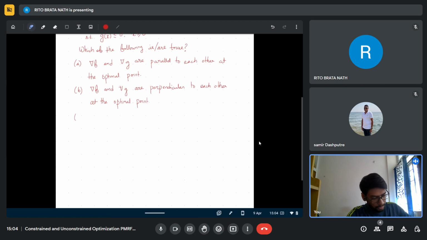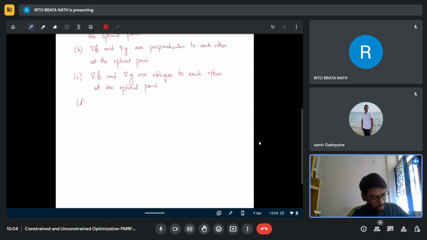Option C is they are oblique to each other at the optimal point. And finally, option D is none of these.